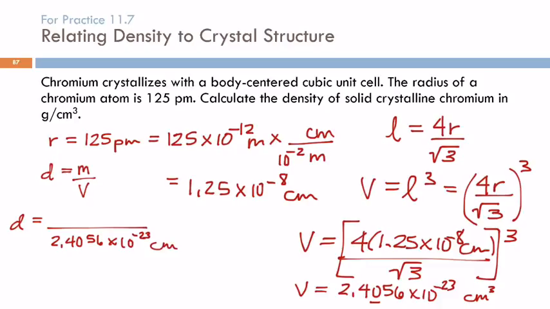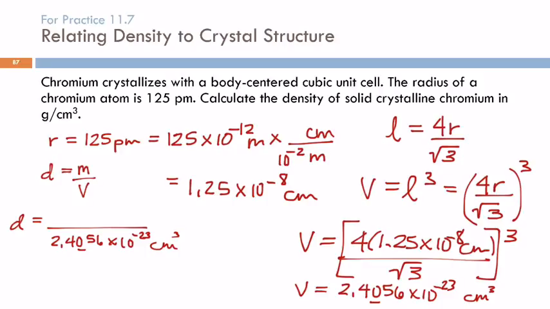How can we find the mass? How many atoms are in one unit cell? In that one, there were 2. So there's 2 atoms. Could we figure out the mass of 2 atoms? Yeah. Sure we could.